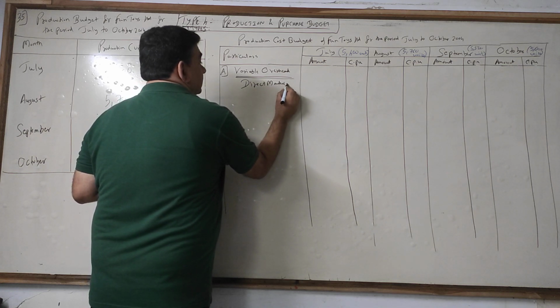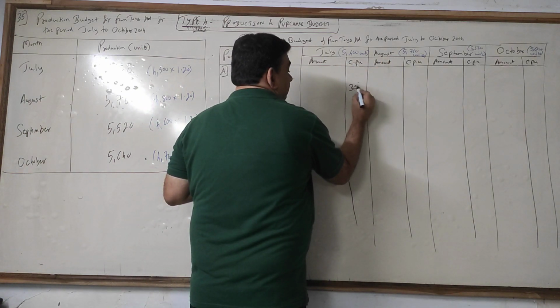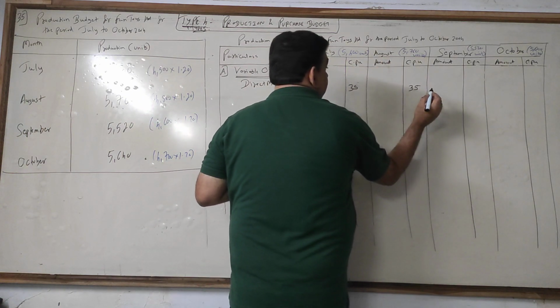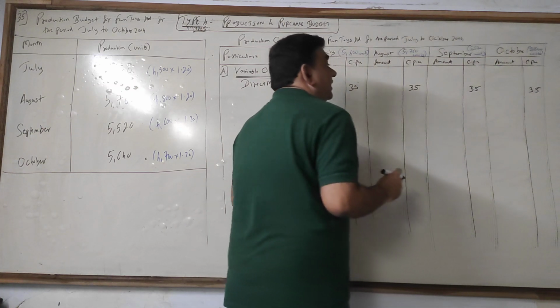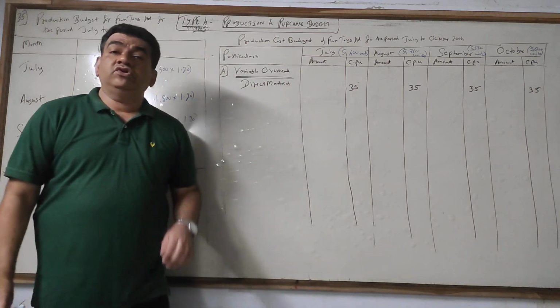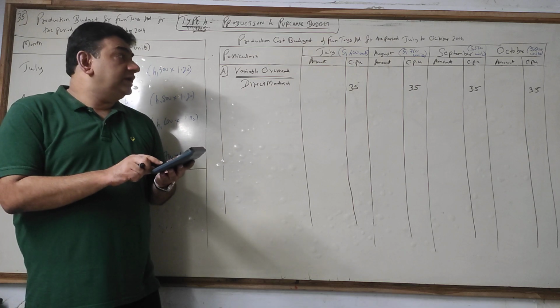Direct material is 35 rupees. Whatever your units are, my per unit cost will be 35. So everywhere the cost per unit is 35. Per unit remains the same; the total amount will depend upon the quantity.